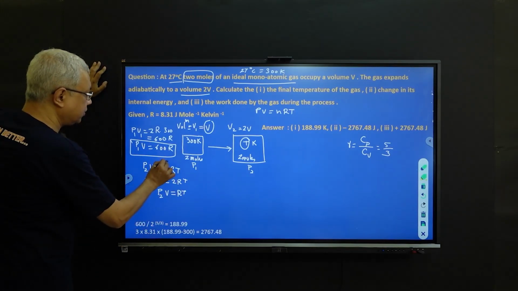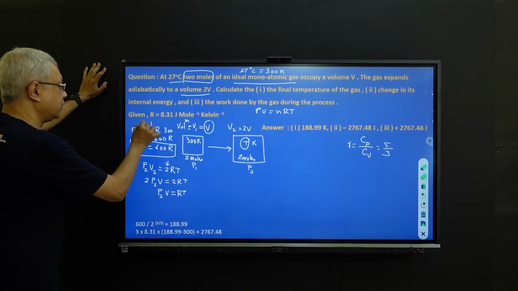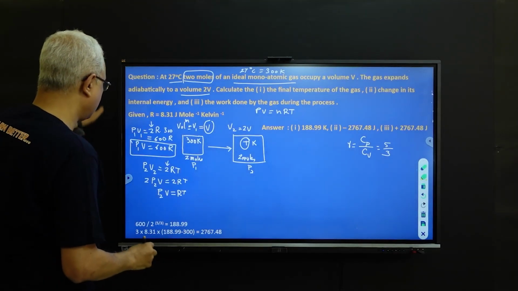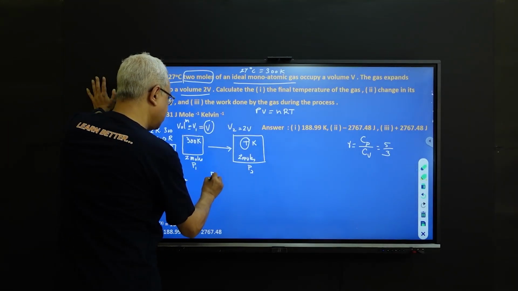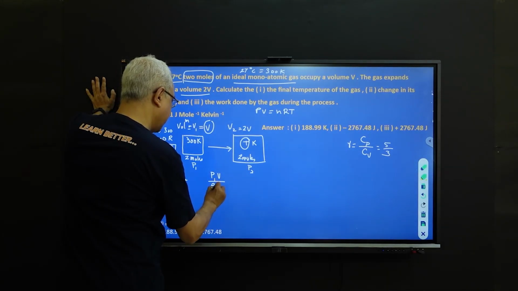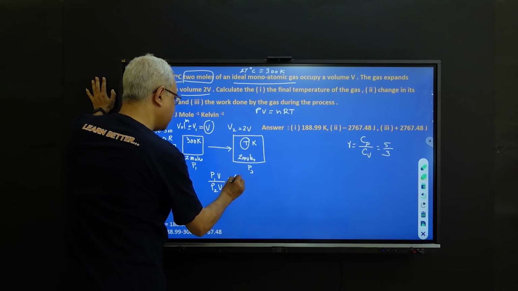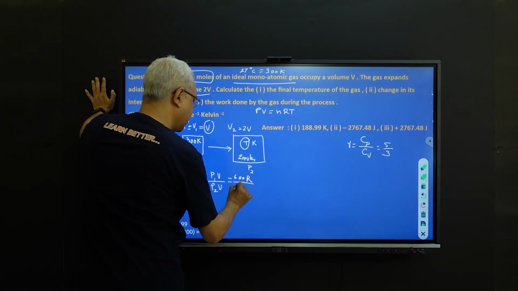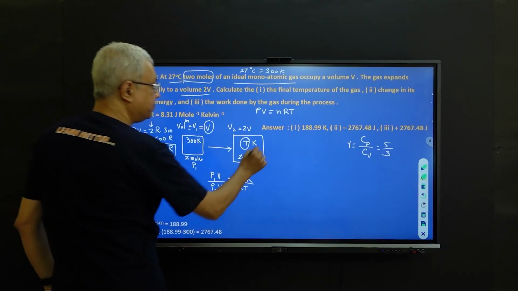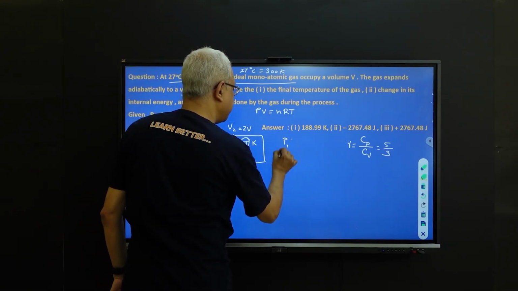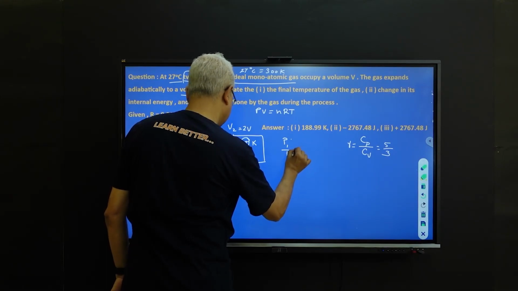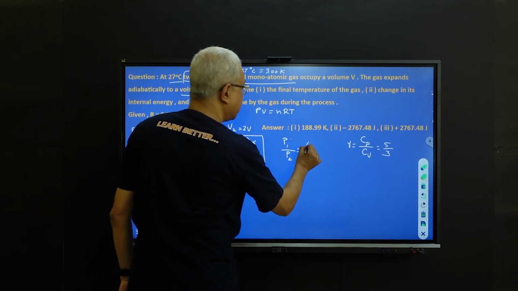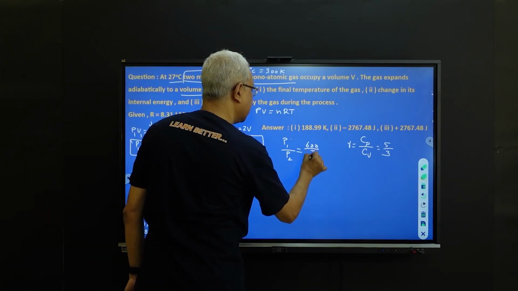These 2s come because there are 2 moles of gas. So P1 V by P2 V is equal to 600 R divided by RT. So P1 by P2 is equal to 600 by T.